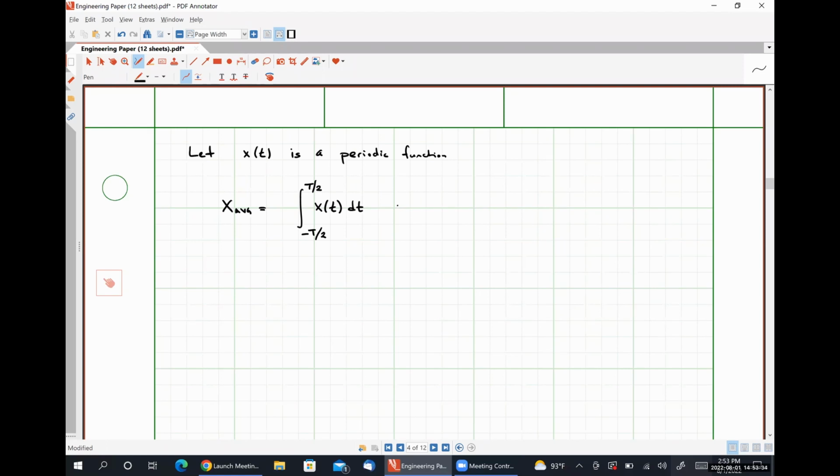It's literally the exact same thing as integrating from 0 to capital T. It does not matter as long as we integrate over exactly one period. And we integrate over one period, and then we divide by the duration of the period. So this is our generic equation for determining the average value of a periodic function.